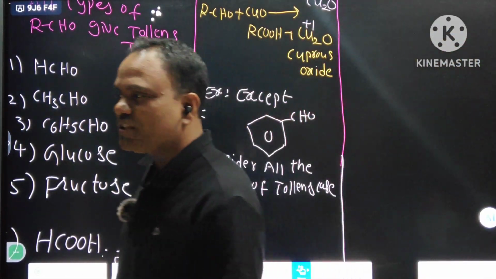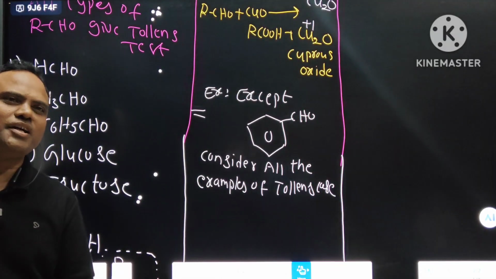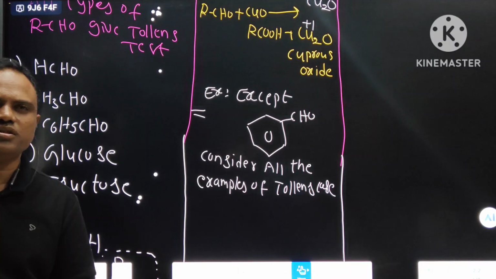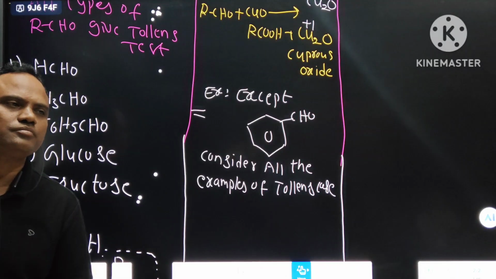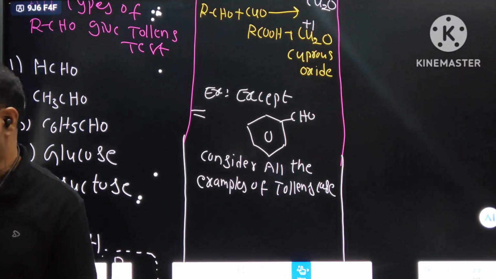So how can you distinguish benzaldehyde? By taking Tollens' and Fehling's. Tollens' only will give a positive test with benzaldehyde. Benzaldehyde and acetaldehyde, I will give the questions also, model questions.